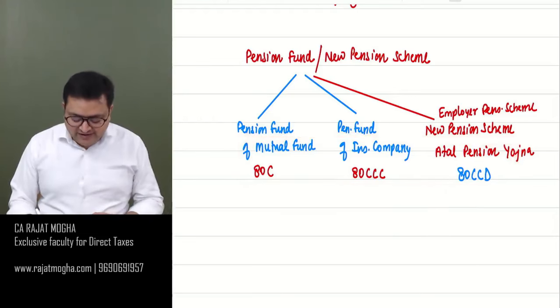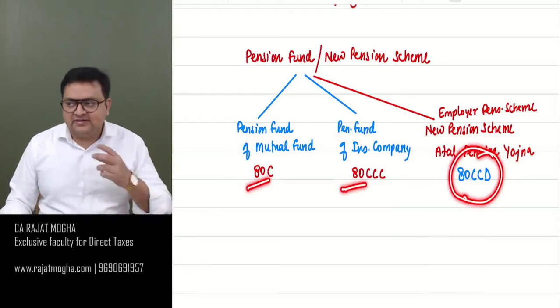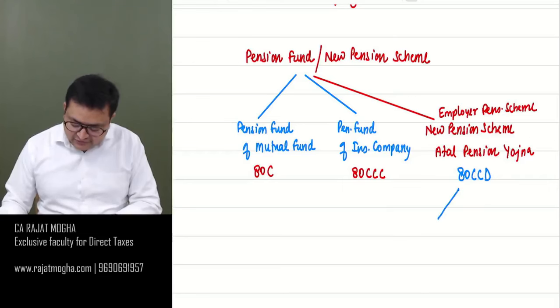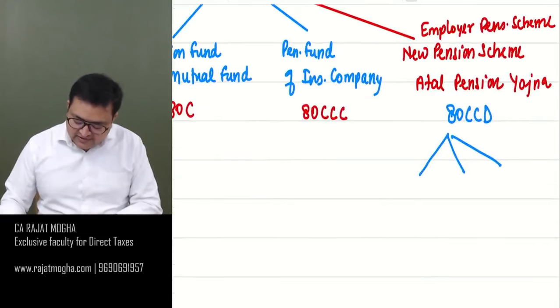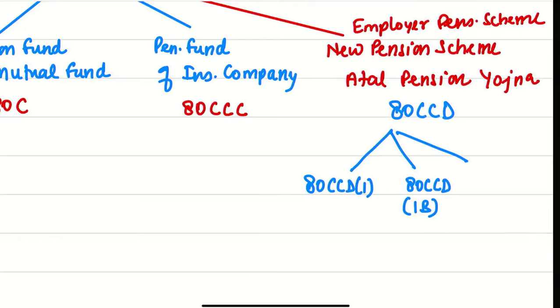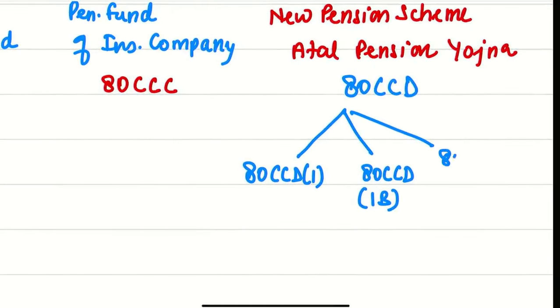The total limit of 80C, 80CCC, and 80CCD. 80CCD has other sections also, which I will be discussing: 80CCD1, 80CCD1B, and 80CCD2.